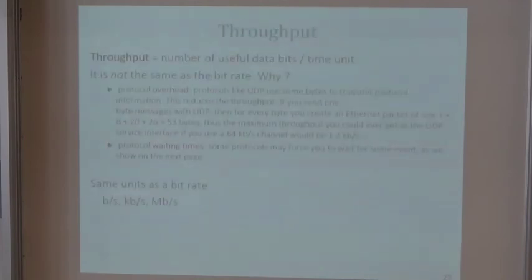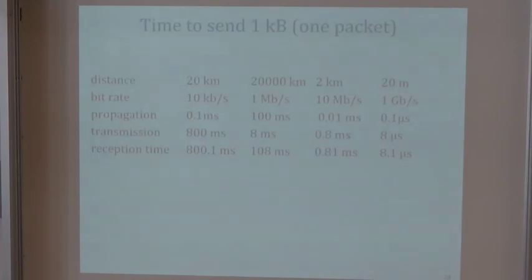So if we put all of this together, we see that when I transfer one block of data, for example, 1 kilobyte, which is typically one IP packet, the ratio between the propagation and the transmission time differs depending on the technology. There are technologies that are dominated by propagation. This is, for example, 1 megabit per second over a very long distance. 1 megabit per second for accessing a video server at the other end of the world is something that can happen.